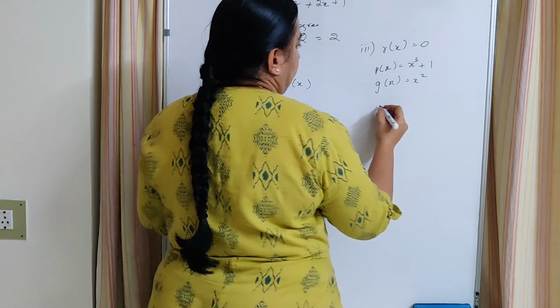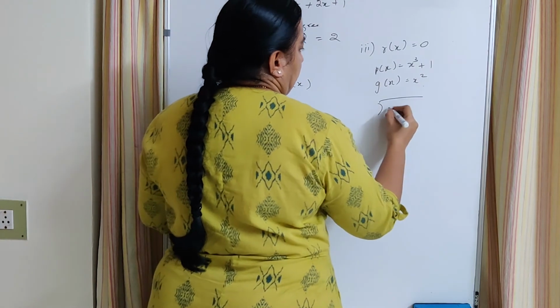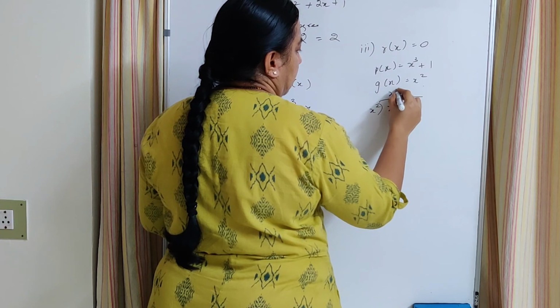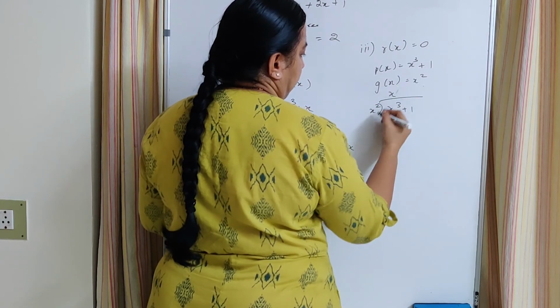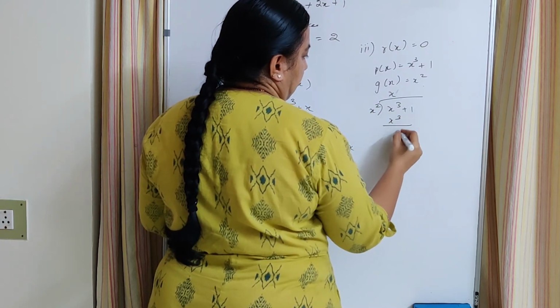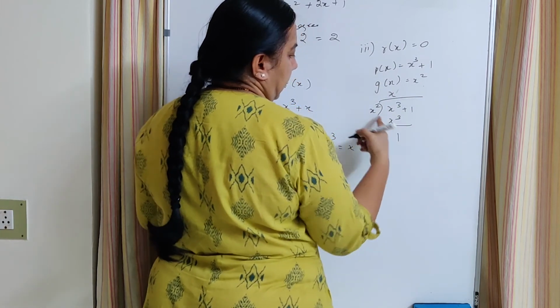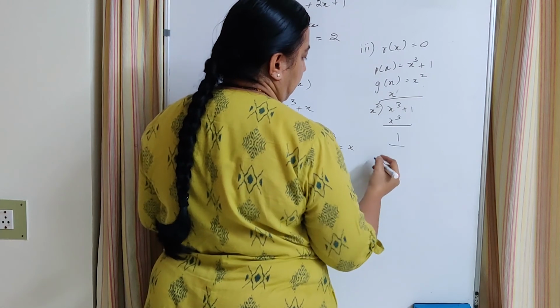If I am going to divide it, I get x cube plus 1 divided by x square. So I have x here, when I multiply, x cube again. So the next term I get 1. So I can't divide, this is smaller than this, so this becomes a remainder.